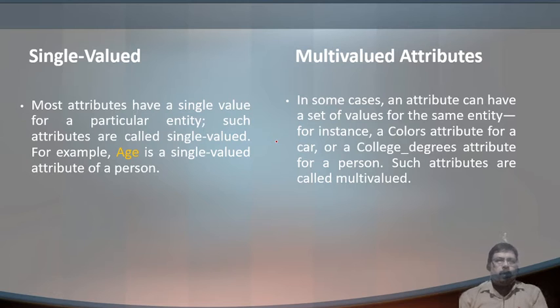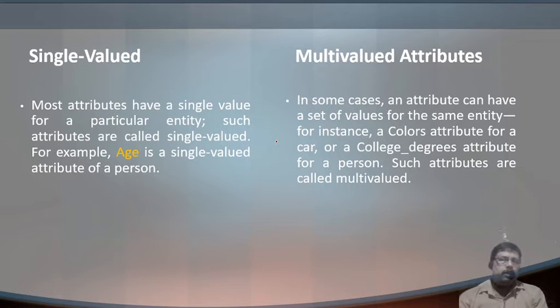Now the attributes can be further classified as single valued and multi-valued attributes. In a single valued attribute, in a particular entity such as age, it will have a single value. Such attributes you can call single valued attributes. You cannot further divide it.